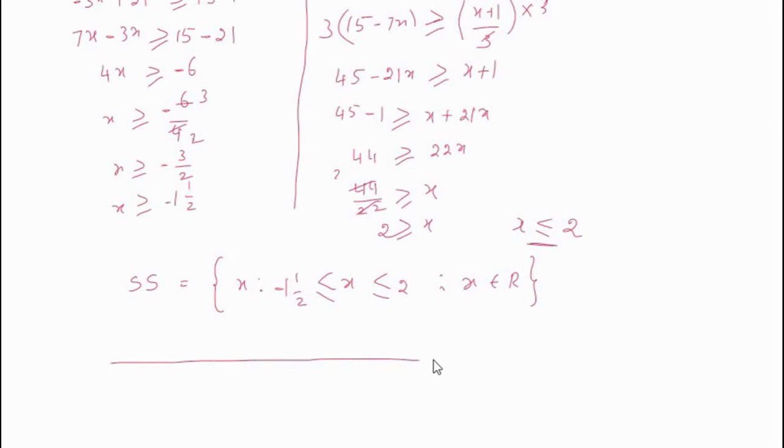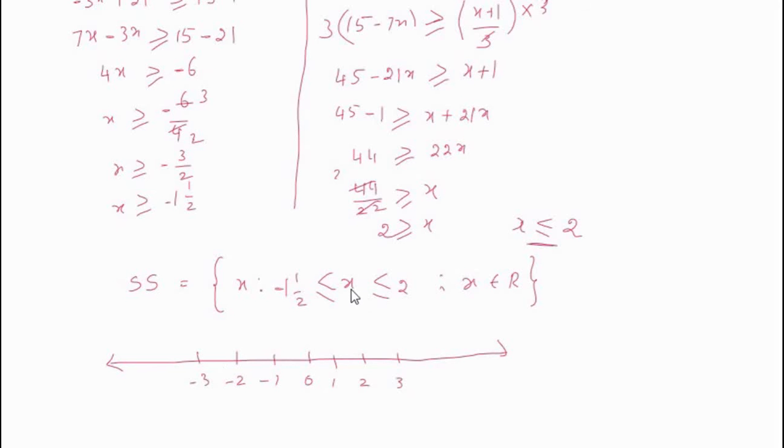Let us draw the number line. This is 0, 1, 2, 3, minus 1, minus 2, minus 3.